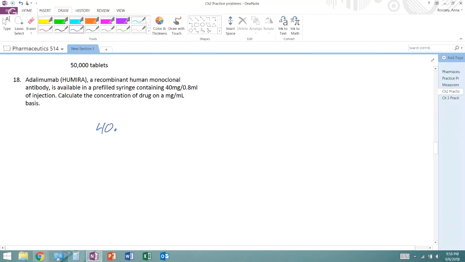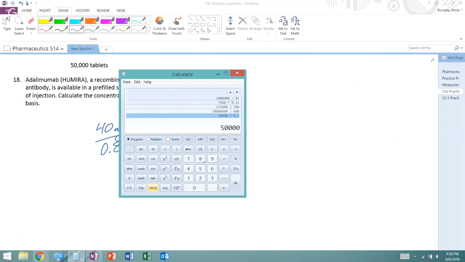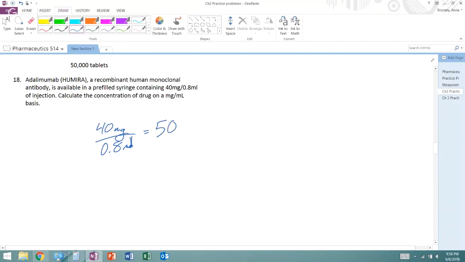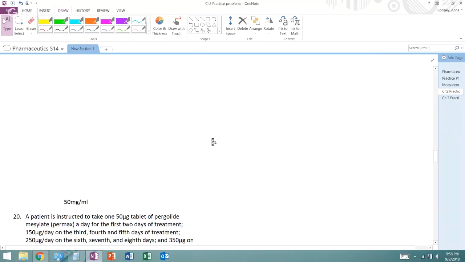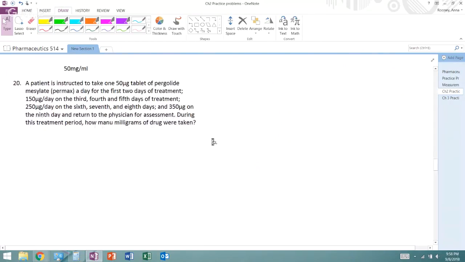Just take 40 milligrams and divide it by 0.8 milliliters, which I think is 50. Yeah, so it's 50 milligrams per milliliter.